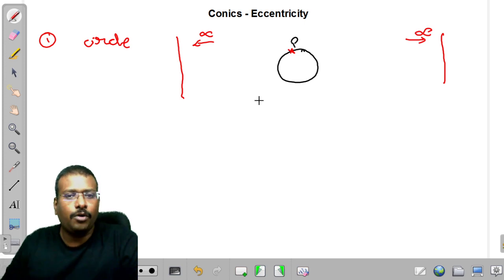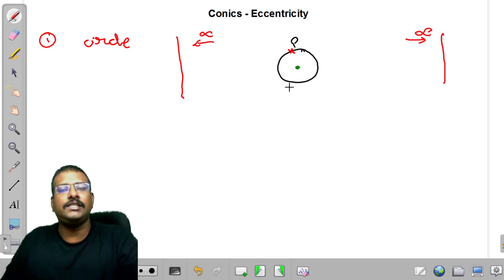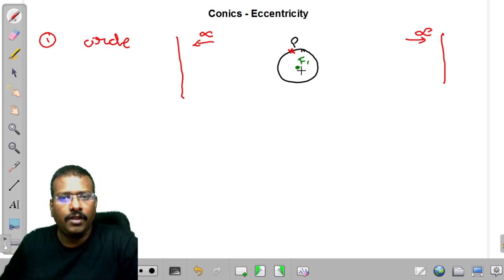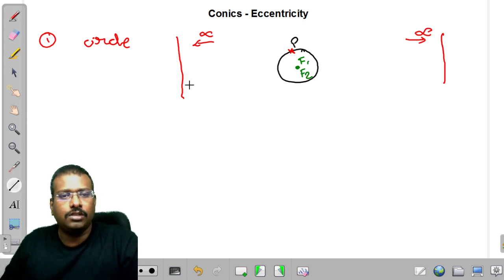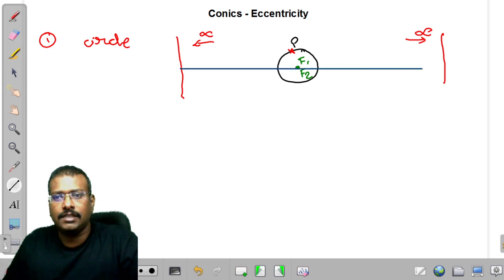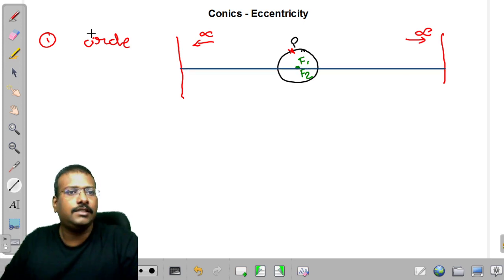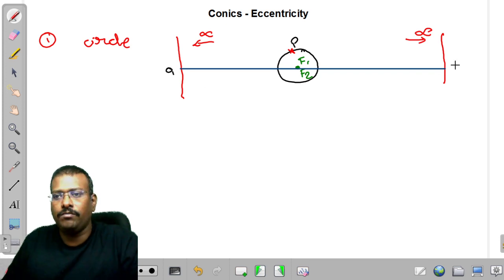And here focal points, remember always it is 2, it is not 1. So here F1, F2, these two coincide with each other, and we are going to consider this is the axis. Now here if you observe, this particular point is O1, this is O2, and it is V1, V2.